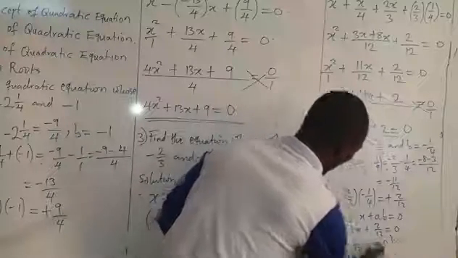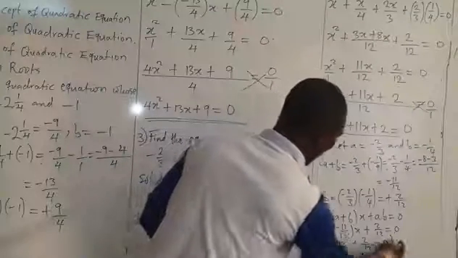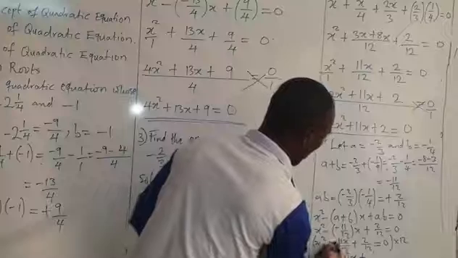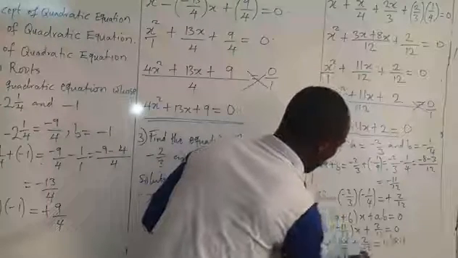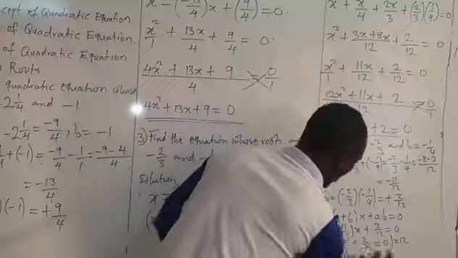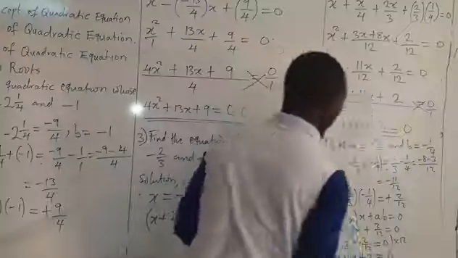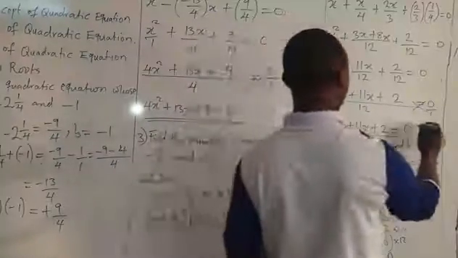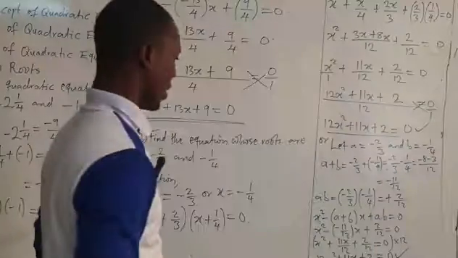So 12 multiplied by x squared is 12x squared, 12 multiplied by 11x over 12 leaves 11x, 12 multiplied by 2 over 12 leaves 2, equals 12 multiplied by 0, which is 0. So if you compare this answer with the previous answer, you can see they are the same.